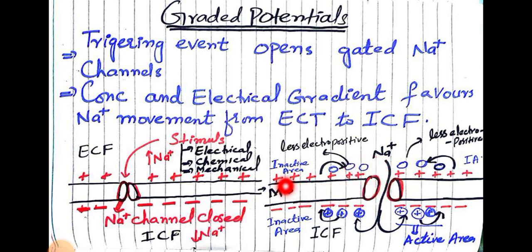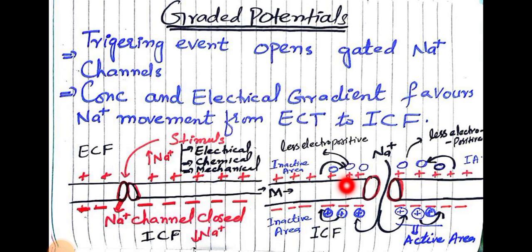Now, these positive charges from their higher concentration can move towards this area, and on the inside, these positive charges can move from more positive to less positive, that is, from positive to negative area. On outside and on inside, charges will be moving in opposite directions, and the same would be the case over here.